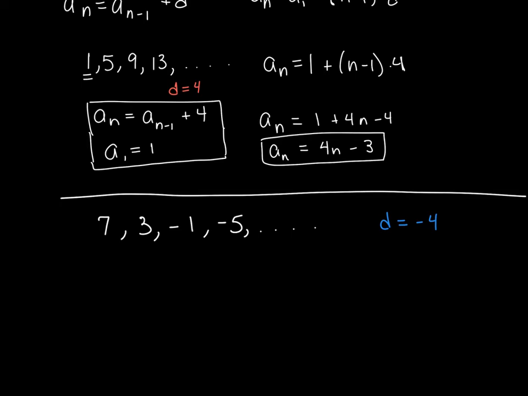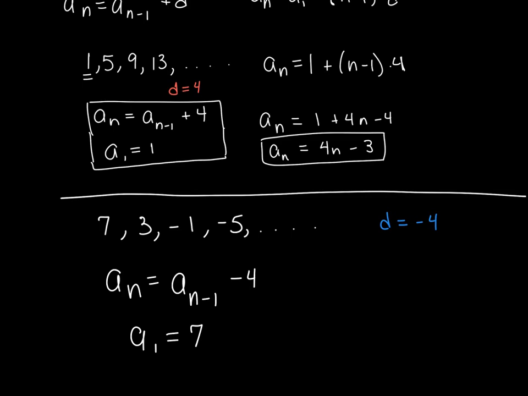So to write the recursive formula, it's just a_n is equal to a_(n-1) minus 4. And we do have to state that a_1 is equal to 7.